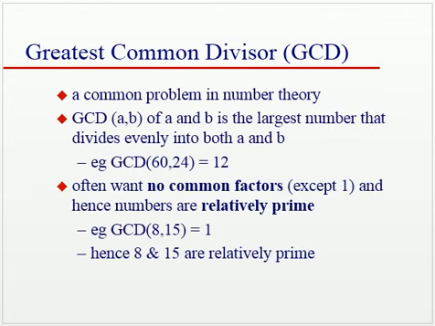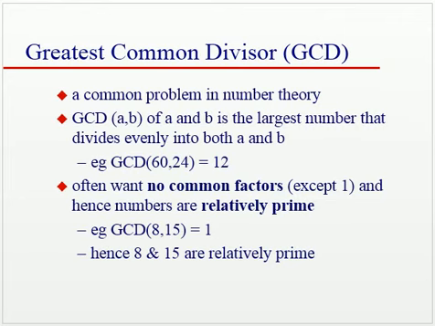If we take the example of 8 and 15, both are not actually prime numbers, but the GCD of these two numbers is 1. That means there is no other common factor, and that is why we call 8 and 15 relatively prime numbers.